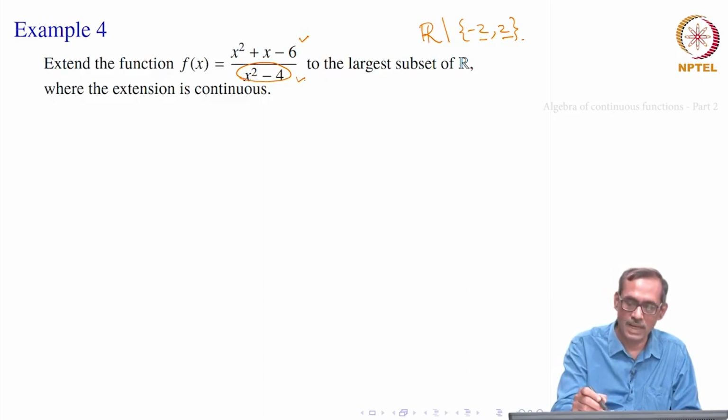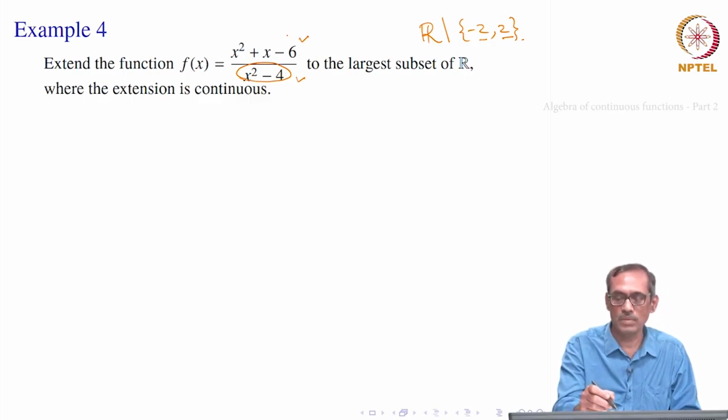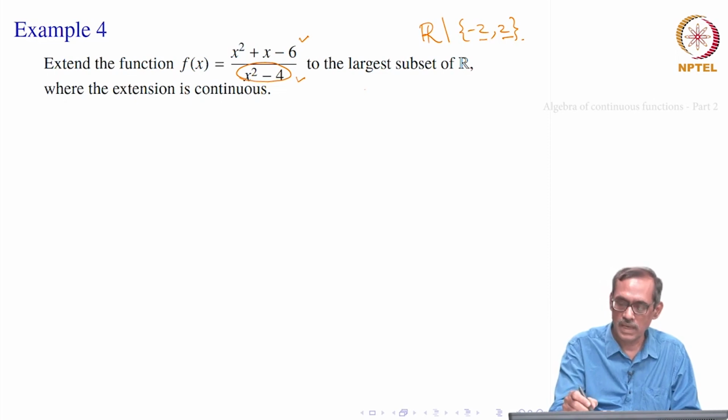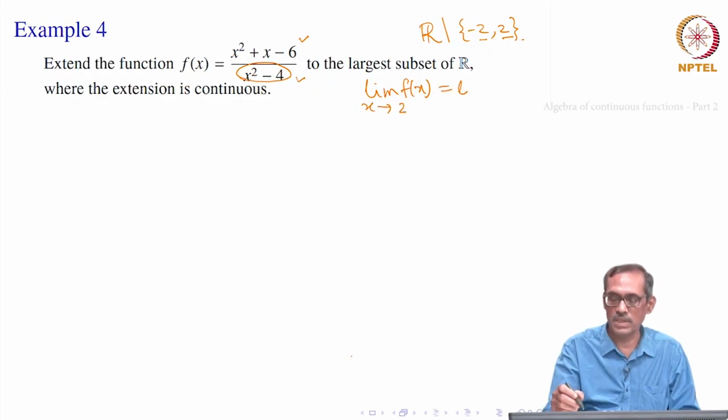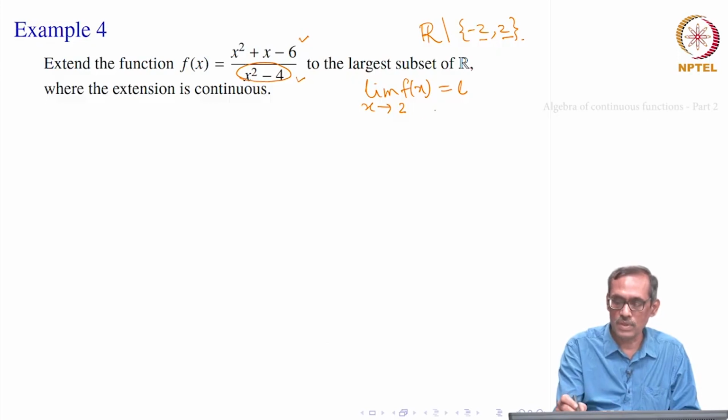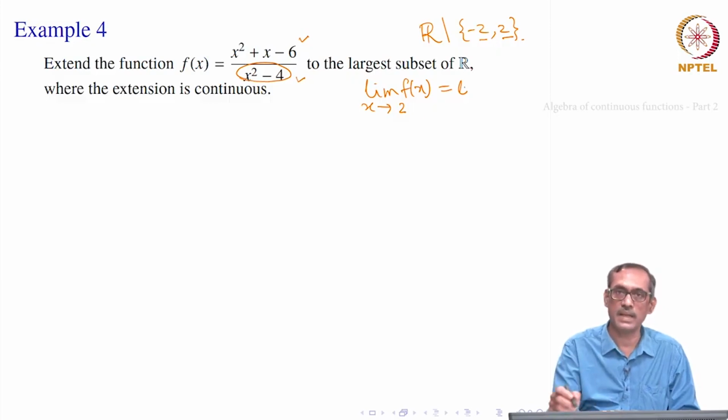That means, we should have continuity at minus 2, we should have continuity at 2. Then what we require is, at minus 2 and 2, we should know what is the limit. So, if the limit of f of x as x goes to 2 is equal to some L, if this limit exists and is equal to L, then we would like to define our g of x equal to f of x everywhere except at minus 2 and 2, and g of 2 equal to this L. In that case, that g will become continuous at 2.